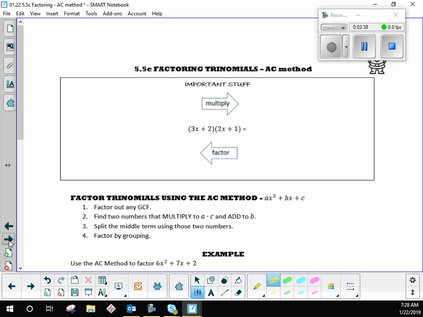But I want to start you off by first showing you this FOIL problem or double distribute. I've got 2 factors here. I have 3x plus 2 as a factor and 2x plus 1 as a factor.